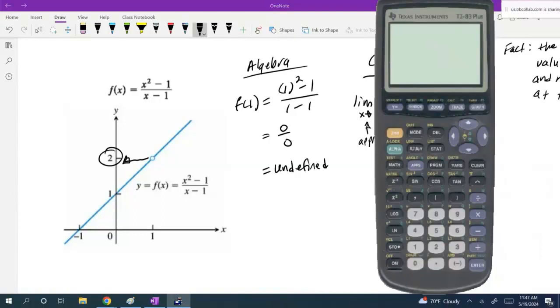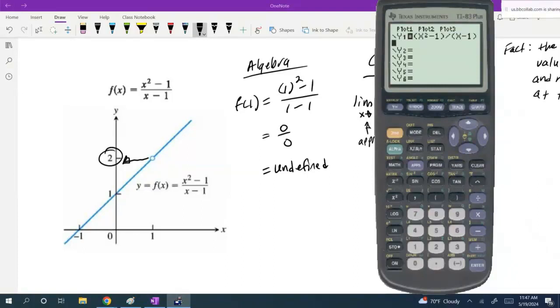So I'm on a graph, so I'm going to go to y equals, and we have x squared minus 1 divided by x minus 1.